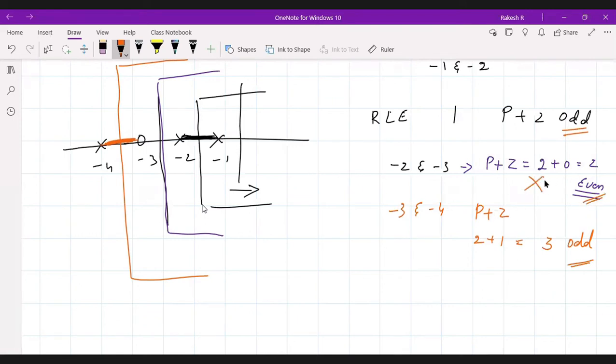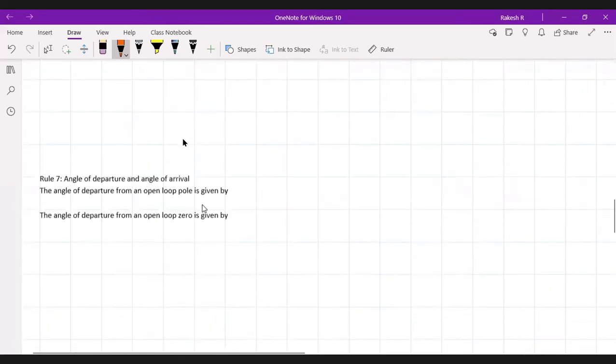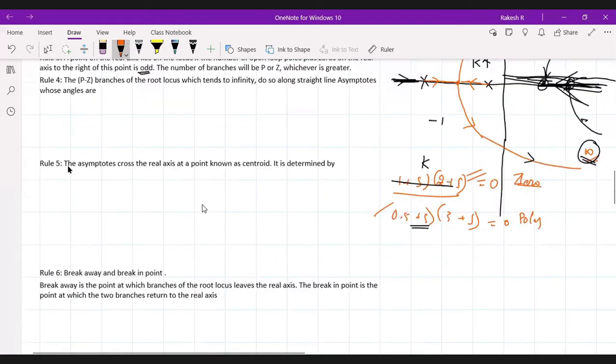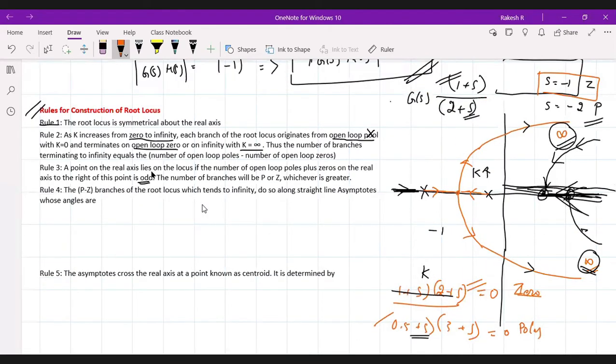This is what rule number 3 states: a point on the real axis lies on the locus if the number of open loop poles plus zeros on the real axis to the right of the point is odd.